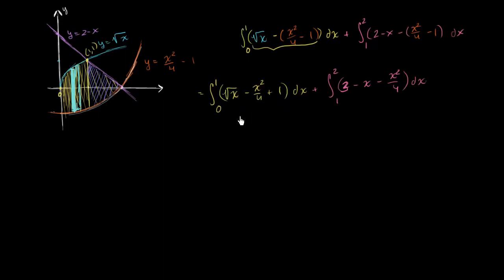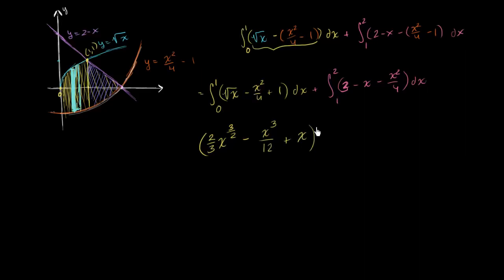The antiderivative of the first one: square root of x is x to the 1/2, increment the power by 1 to get x to the 3/2, and multiply by the reciprocal of the new exponent, so it's 2/3 x to the 3/2. Minus the antiderivative of x squared over 4, which is x to the 3rd divided by 3 divided by 4, so divided by 12, plus x, the antiderivative of 1.